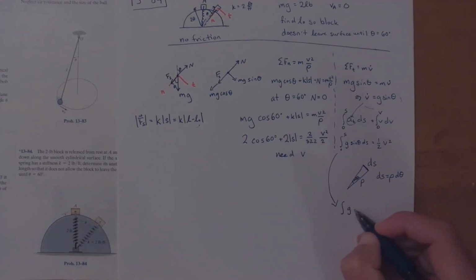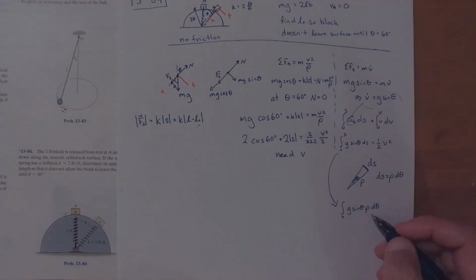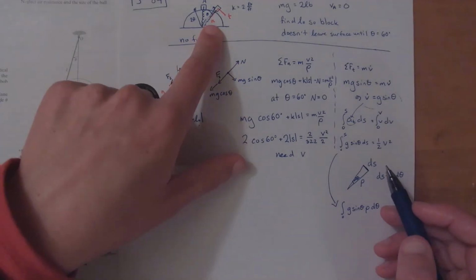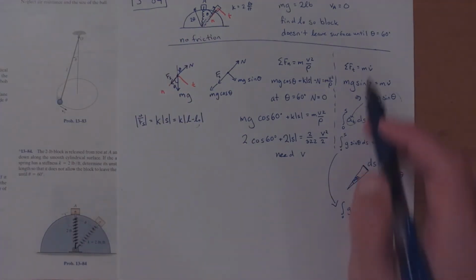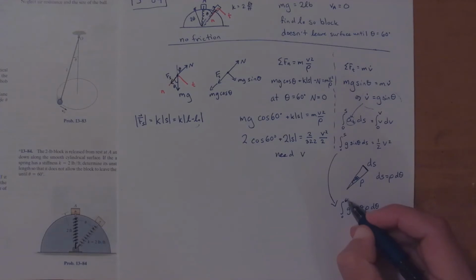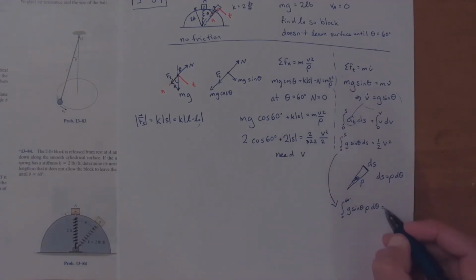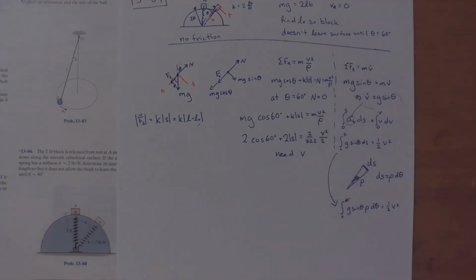So I have g sine theta rho d theta. The g and the rho can come outside. My limits of integration are going to change, so I'm going from 0 to 60 degrees. And this is equal to 1/2 v squared, where that will be the velocity at 60 degrees, which is what we're looking for.